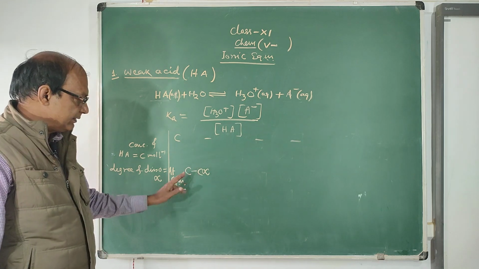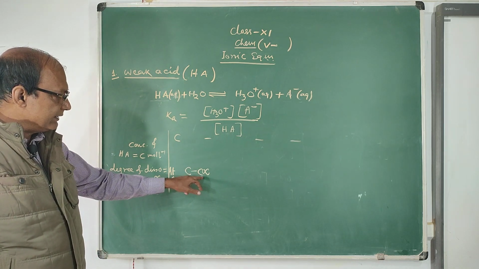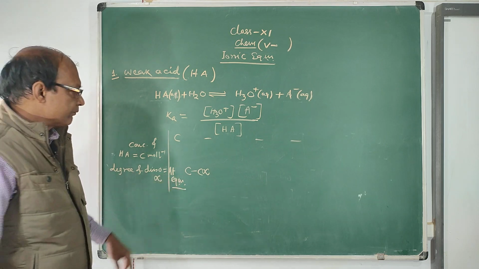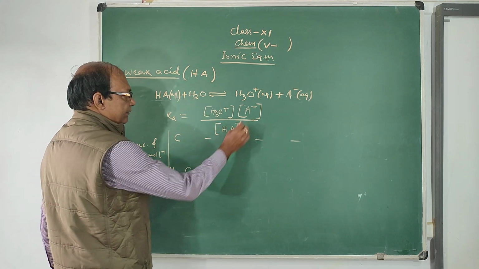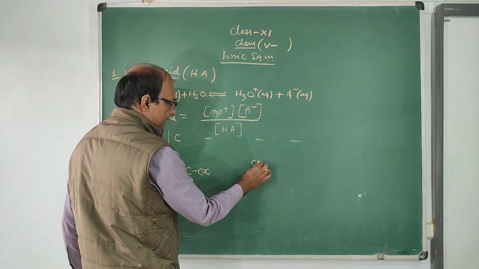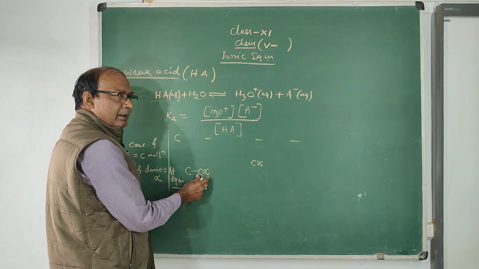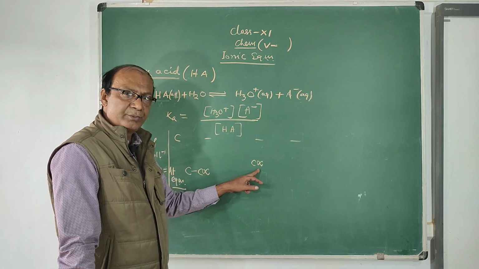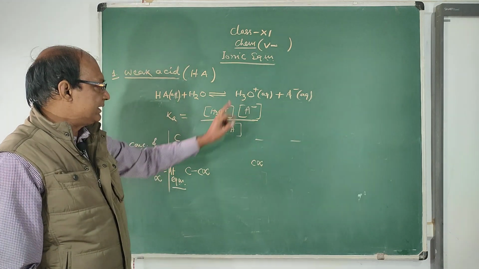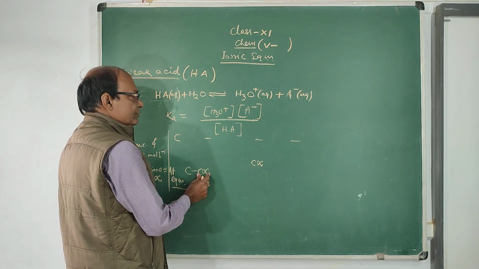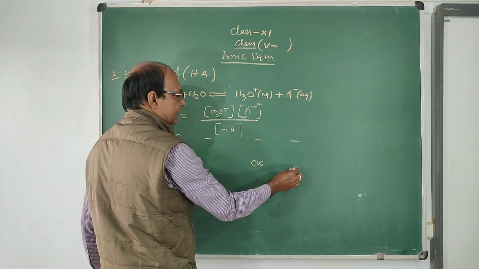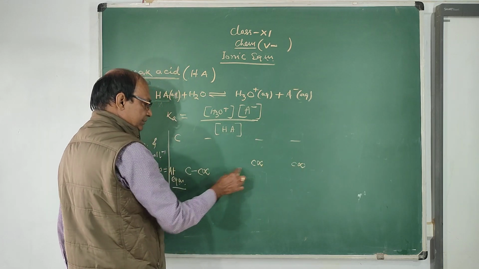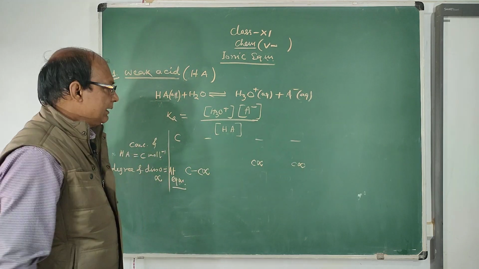It is considered that C alpha, this much, will be dissociated at equilibrium. Now C minus C alpha remains for HA, because if C alpha is dissociated, the concentration of hydronium ion will also be C alpha, a 1-to-1 relation, and the concentration of A minus will also be C alpha. These will be the concentrations at equilibrium.